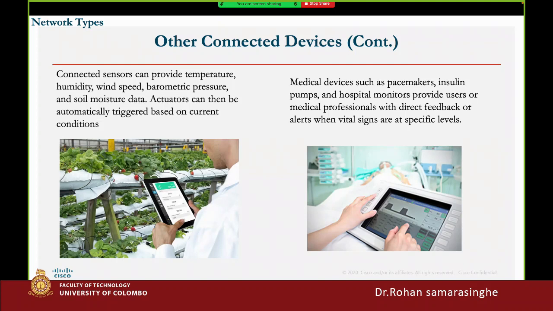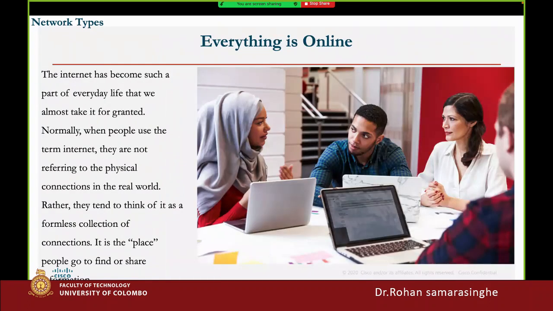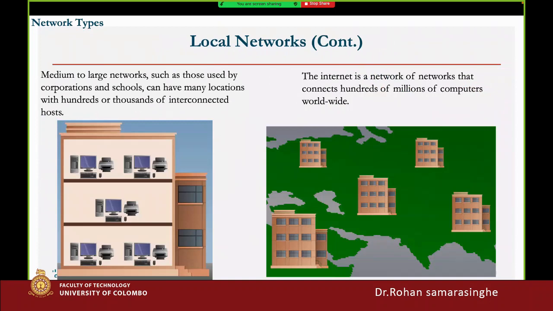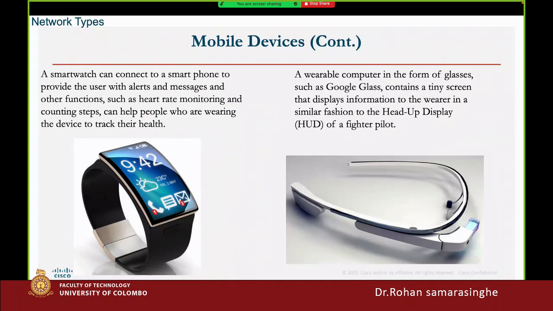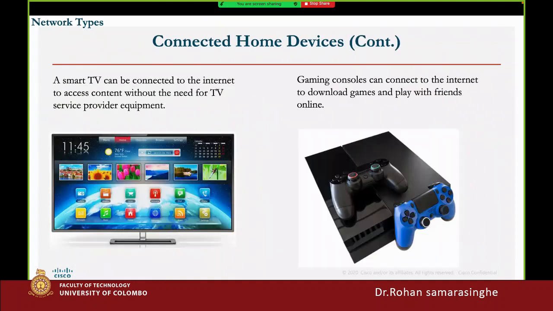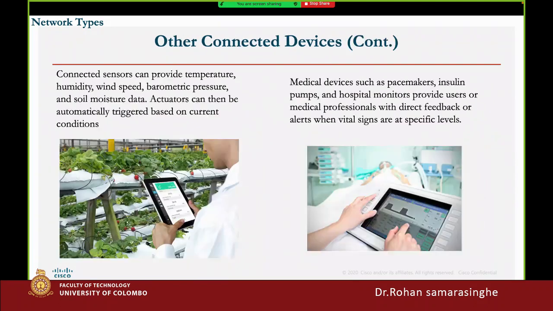So I discussed several network types, starting from the beginning, then local networks and wide area networks, the mobile devices and wearable mobile devices, connected home devices and other connected devices.